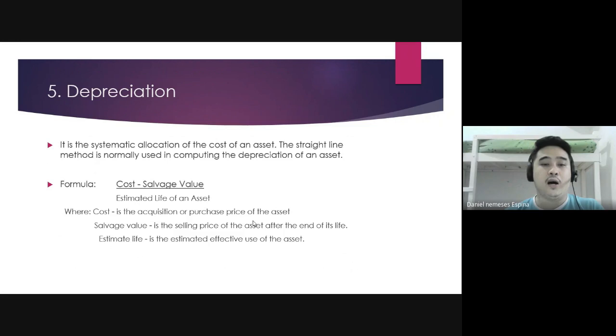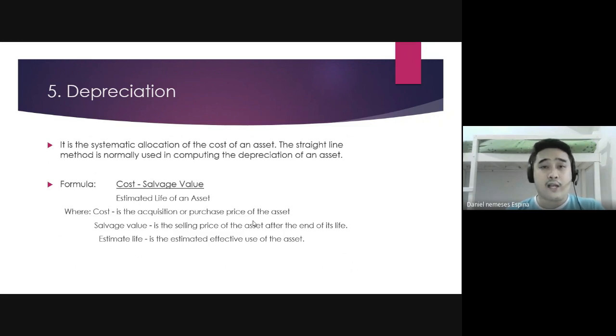Cost is the acquisition or the purchase price of the asset, including the warranty cost and the installation cost. So all costs that are necessary para magamit nimo ang equipment or ang asset, minus the salvage value.